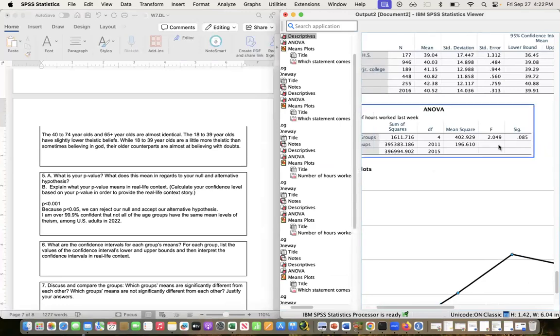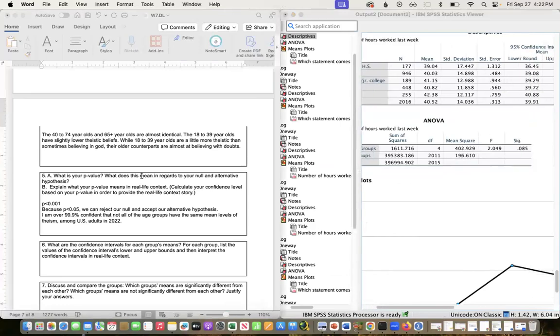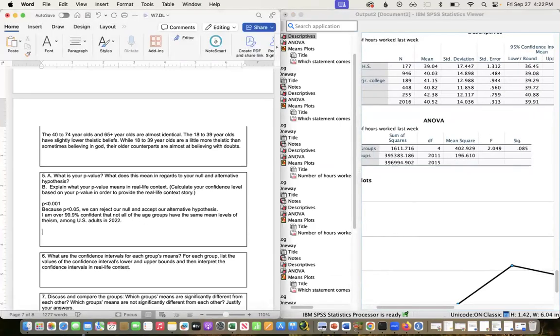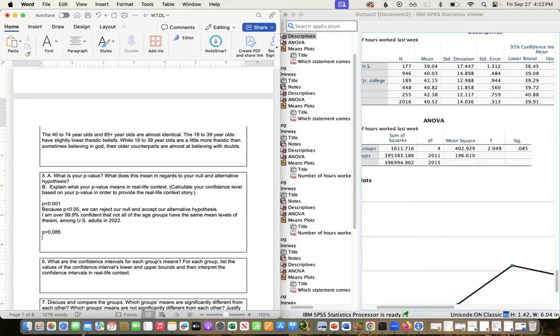Traditionally, you would say this is not significant, in which case we would say p equals 0.085. Because p is not less than 0.05, we cannot reject our null or accept our alternative hypothesis.